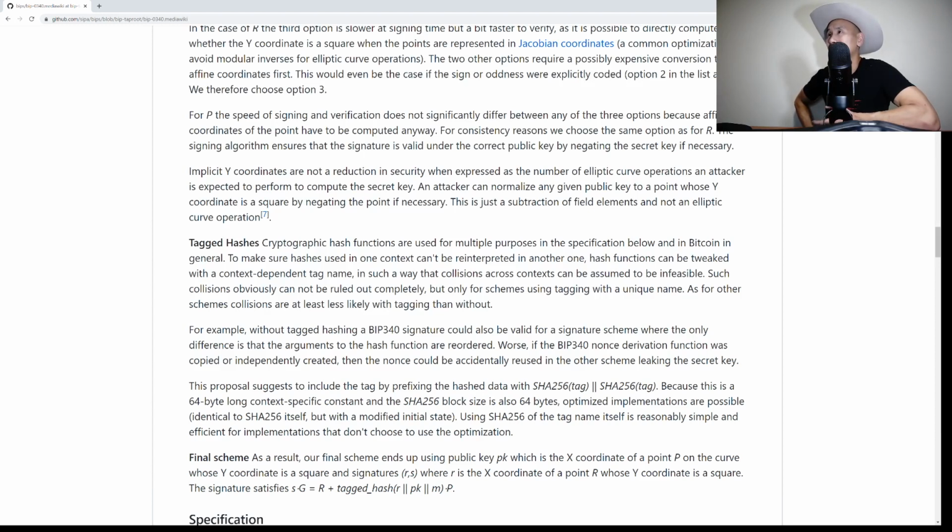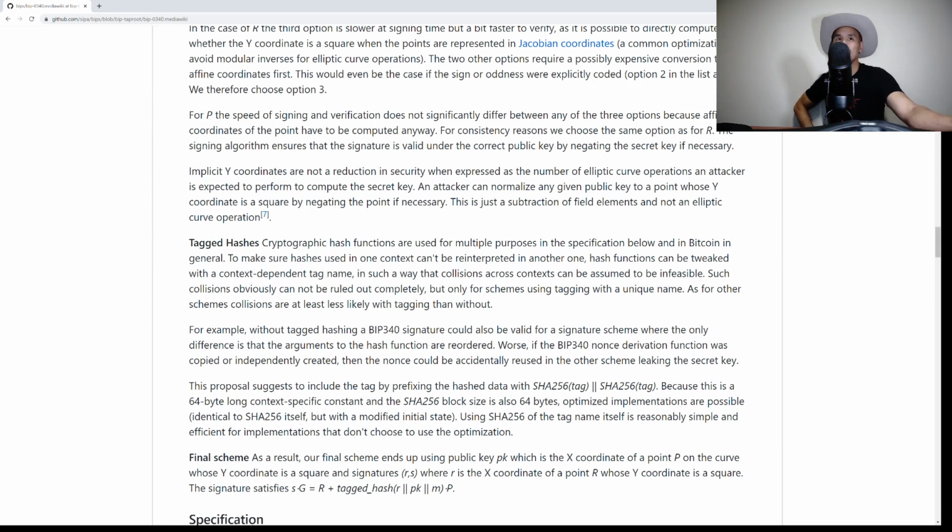For example, without tagged hashing, a BIP-340 signature could also be valid for a signature scheme where the only difference is that the arguments to the hash function are reordered. Worse, if the BIP-340 nonce derivation function was copied or independently created, then the nonce would be accidentally reused in the other scheme, leaking the private key. Yeah, so you don't want nonce reuse.